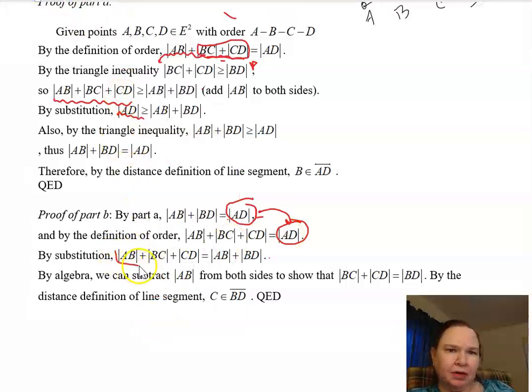I have AB on the left, and I have AB on the right. I could just subtract that from both sides, and I would be left with BC plus CD equals BD. Oh, you know what? That's exactly the definition that I need to show that C is on the segment from B to D.